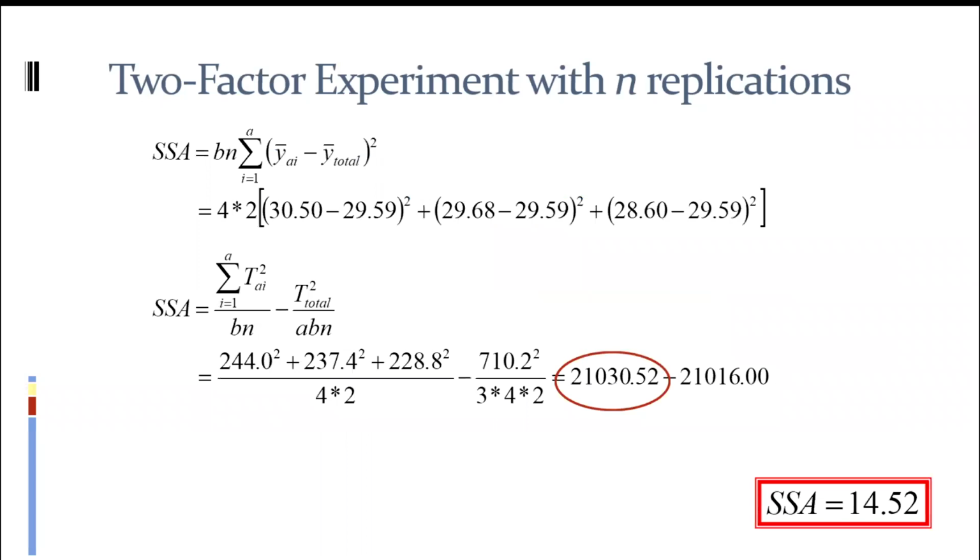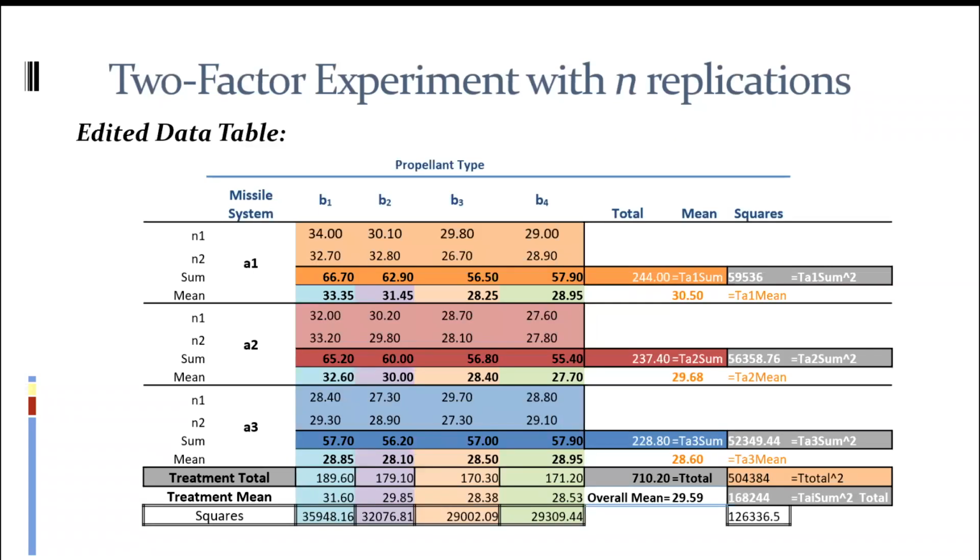So we have to add all of the row totals, tapos yun yung gagamitin natin na i-square natin na value. So for example, ito 244, 237, and 228. This comes from etong total na to per row.